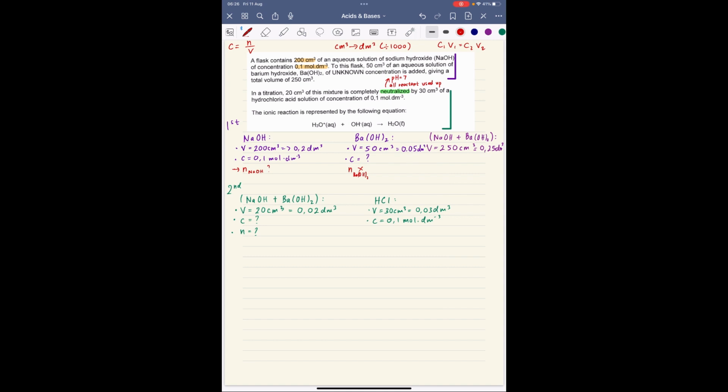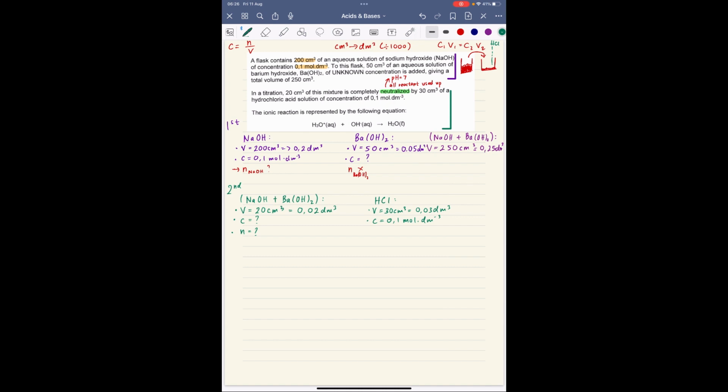Because you use this formula when you have a smaller volume taken out of a bigger volume. So you can imagine we had that NaOH, Ba(OH)2 mixture like this, and then maybe we took a pipette and took a small portion of this to put into that other flask, so that we can put that HCl so that it would neutralize.